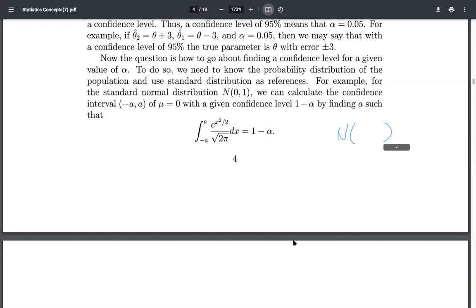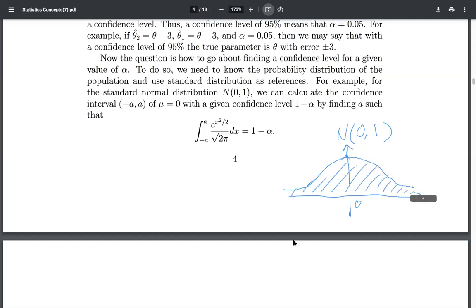We can convert it into a standard normal distribution, which means the expected value is 0 and variance is 1. So what it looks like is this picture. It's 0 here, and the area will just be the distribution area.